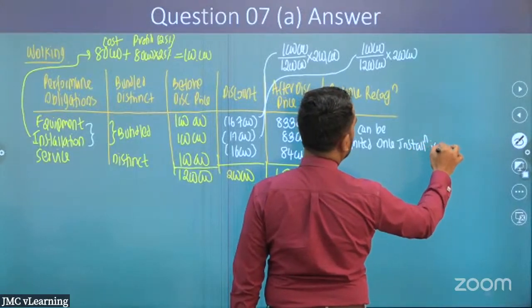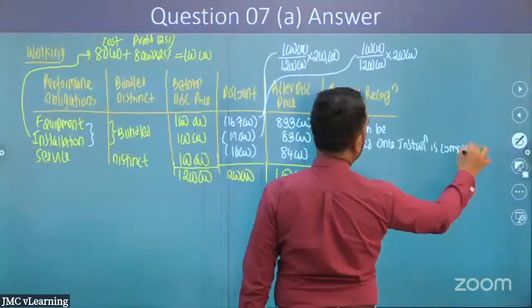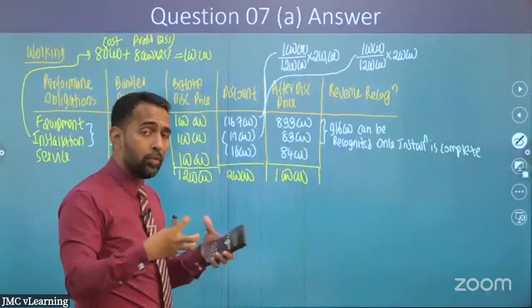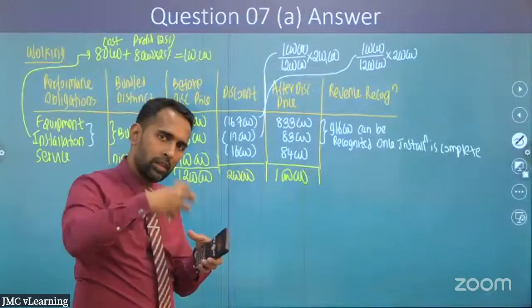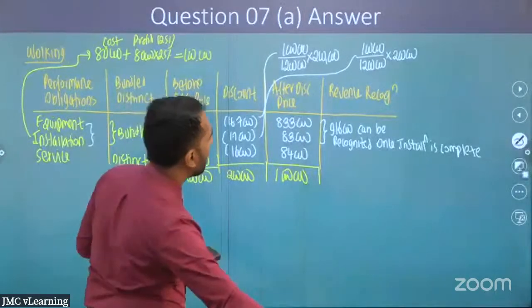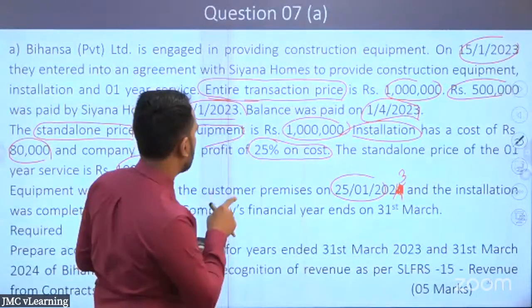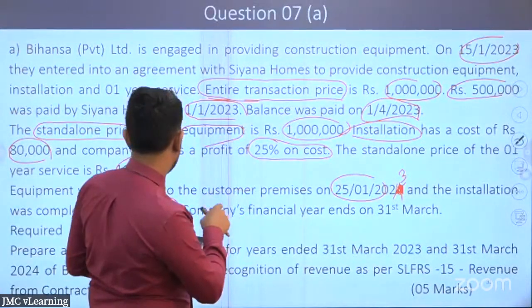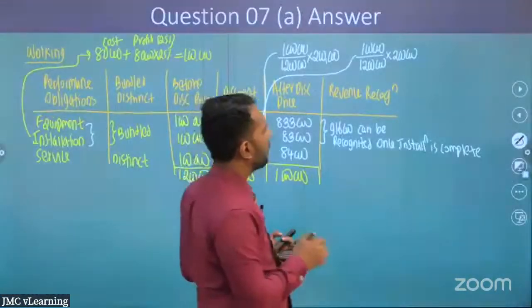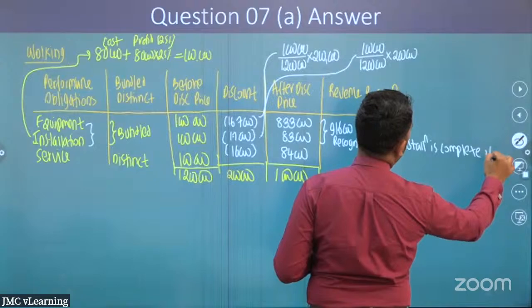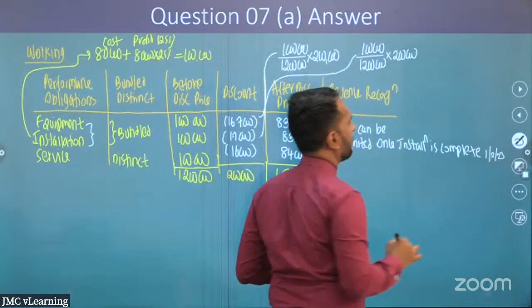Because if it is a bundled one, you have to wait until the promise is delivered. So the installation is getting completed in this question. Installation got completed on 1st of February 2023.